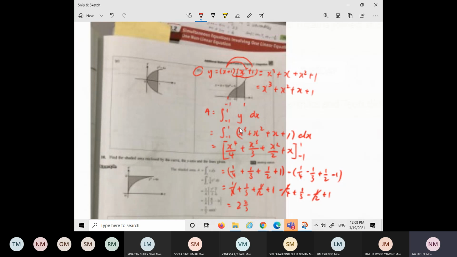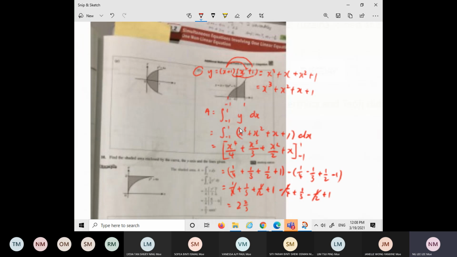You will still get the same thing even though you separate them. So maybe your mistake is a careless mistake along the way. If you can't find your mistake, you can snap a photo and personal WhatsApp me, then I help you to see where is your mistake.